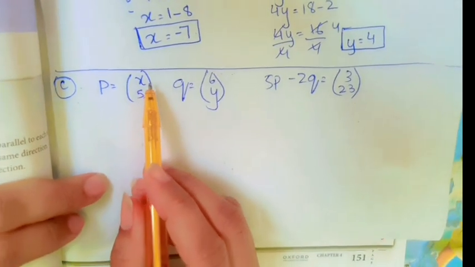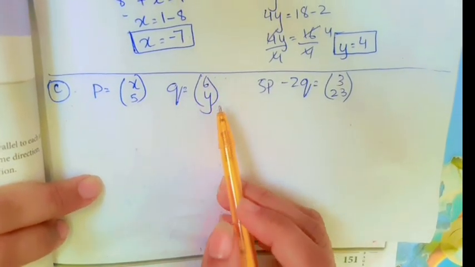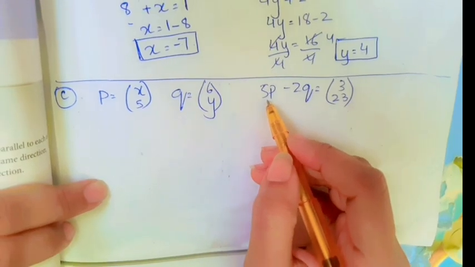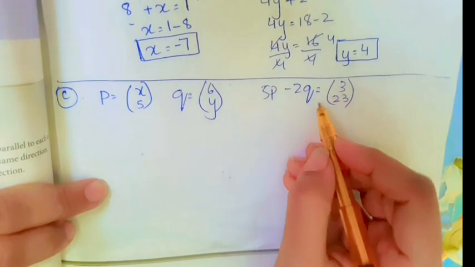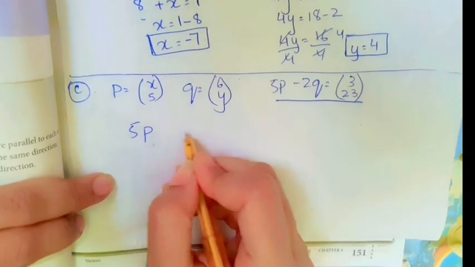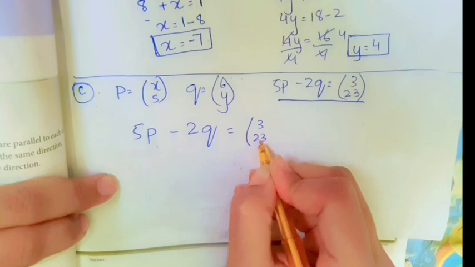Now part C: p is equal to (x, 5), q is (6, y), and the equation given over here is 5p minus 2q is equal to (3, 23). So we are using this equation. 5p minus 2q is equal to (3, 23).